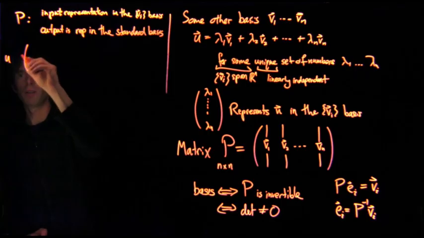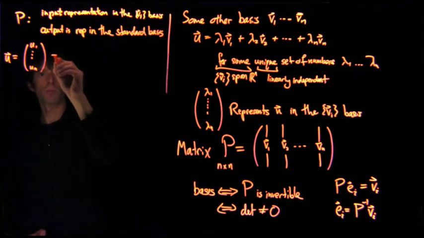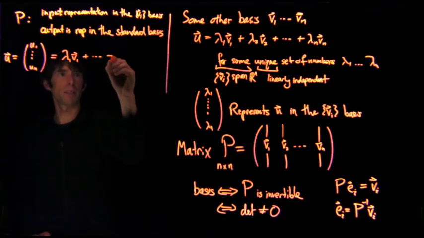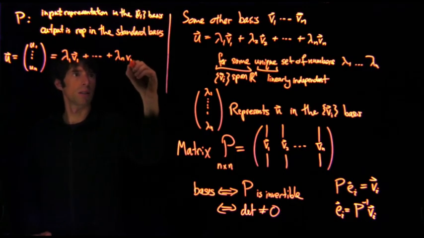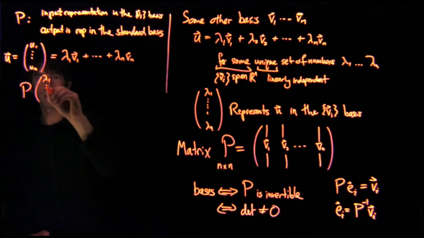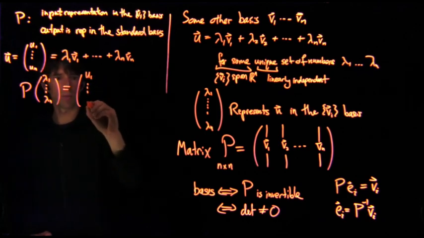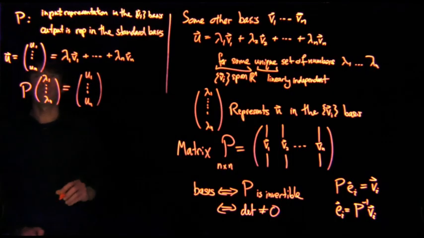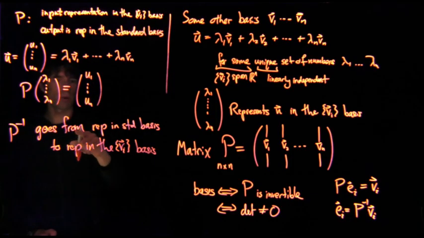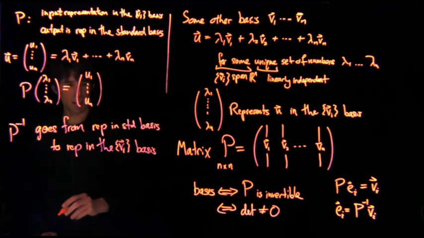If I have u, which is given by u1 up to un, or it can be represented as lambda 1 times v1 plus dot dot dot, then this matrix P times lambda 1 up to lambda n is equal to u1 up to un. Now the inverse matrix does the opposite. It goes from the representation in the standard basis and gives us as output the representation in the v basis.